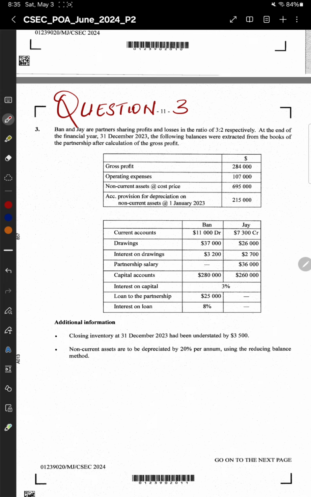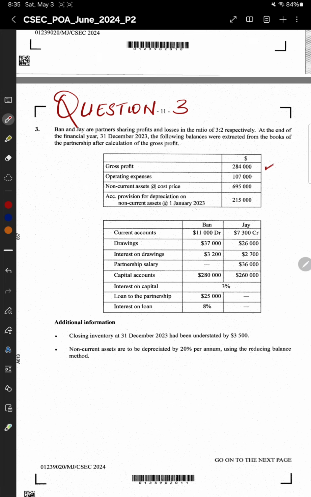So the information for the current account, you'll get most of it from the appropriation account. We have to prepare the income statement to get the net profit that will be used in the appropriation account. So let's see. We're given the gross profit, so we don't have to do the trading part of the income statement. We just have to do the profit and loss section.